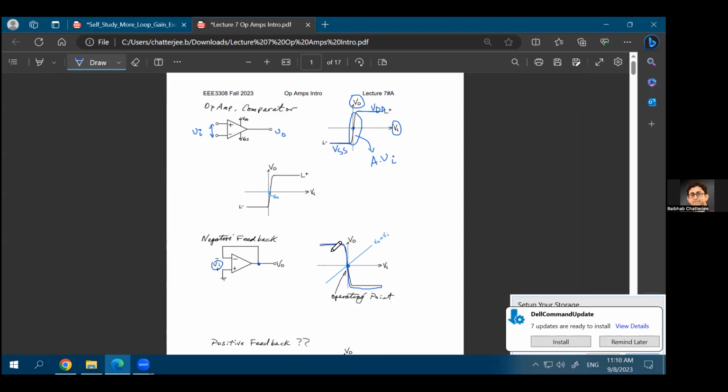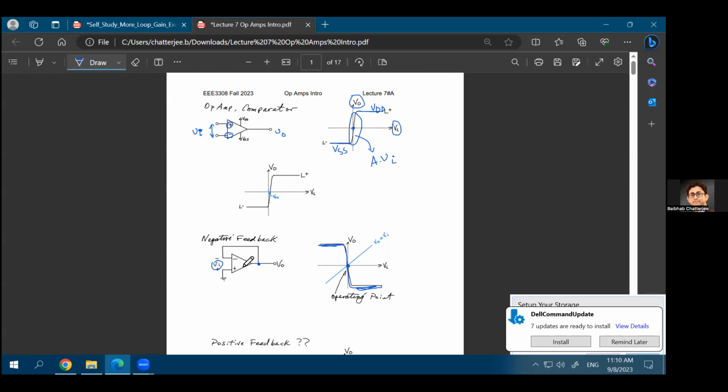Why is it a high negative value when you have a positive VI, and a high positive value when you have a negative VI? Why did this plot get inverted? That's because in this case, you were defining the input as the voltage between the positive terminal and the negative terminal.